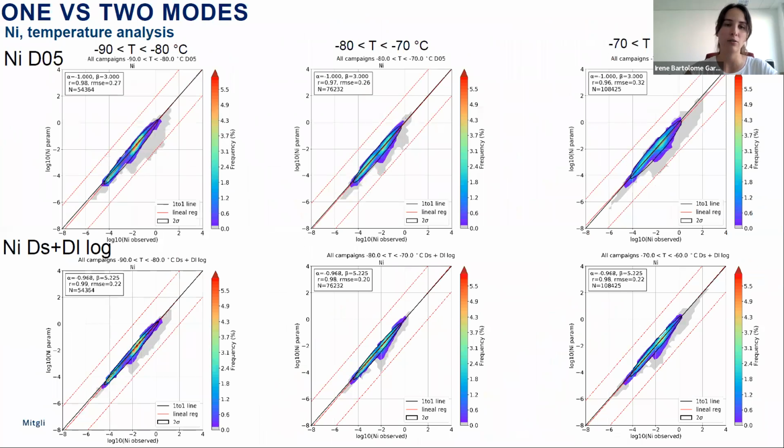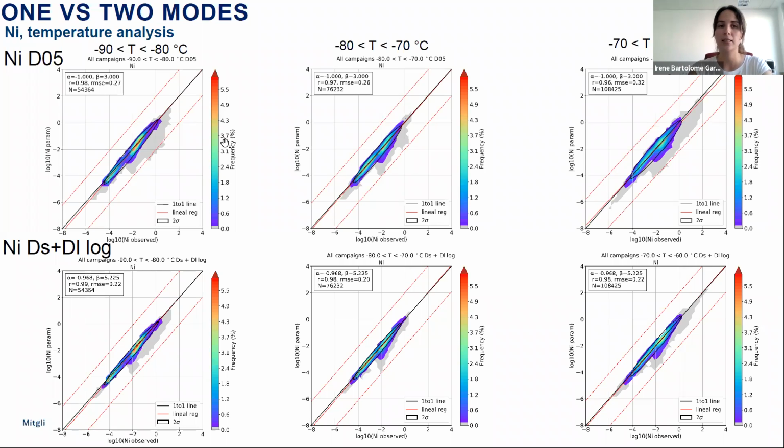I wanted to quickly have a look again at the number concentration, but in this case going again by temperature ranges. In the upper row, this corresponds to the DO5 parametrization, and the lower row corresponds to the two-mode parametrization.